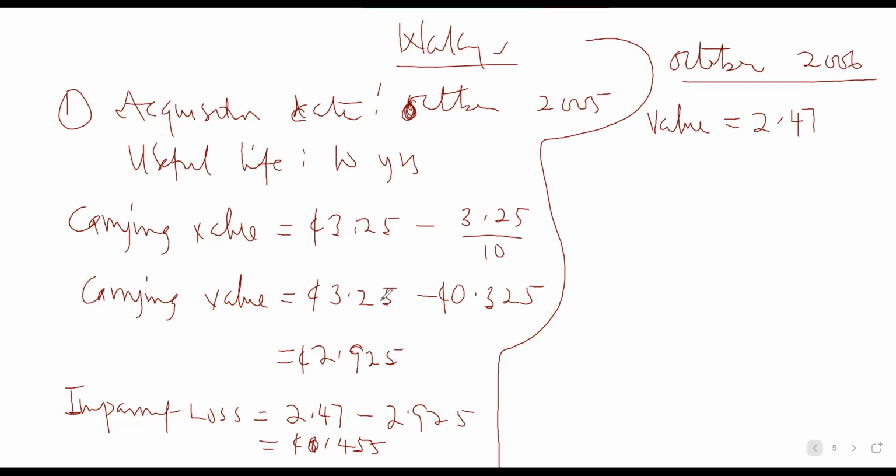All right. So after the 2 years, we need to find the carrying value of the asset on 30th September 2008. The carrying value will be 2.47 minus 2.47 divided by 9 years times 2. Do you agree with that?